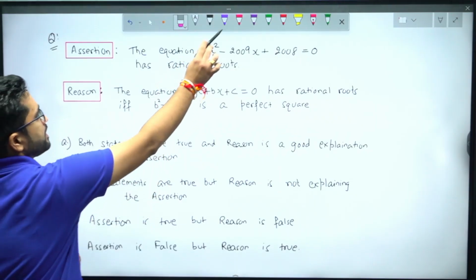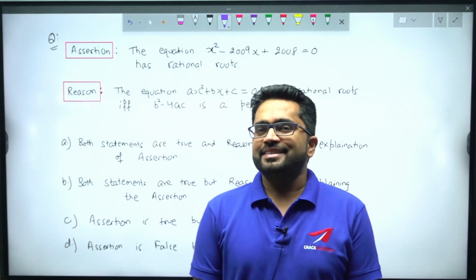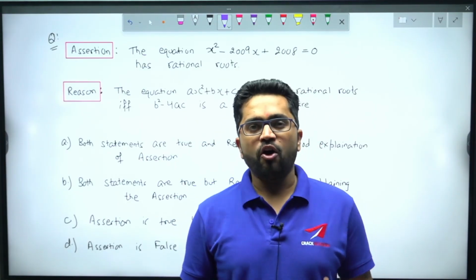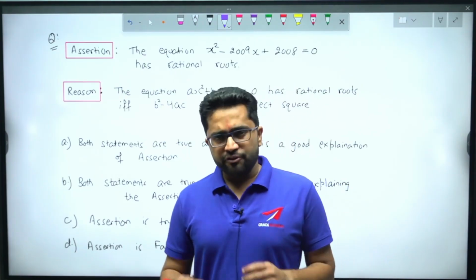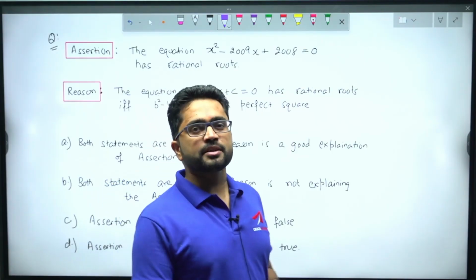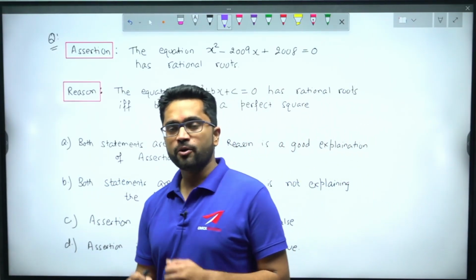So what is the basic approach in this type of question? In assertion and reason, we need to check the individual validity of the two statements. If both of them are true, thereafter we'll check the connection, whether the reason is justifying the assertion properly or not.